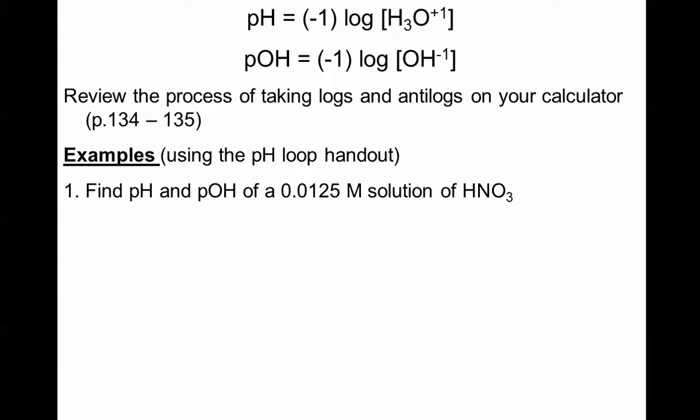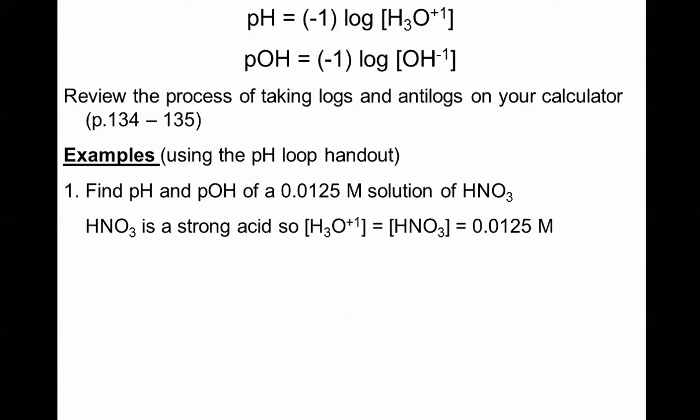So look there at what we have. We know that HNO3 is a strong acid from the strong acid charts. Therefore, we know that the ion concentration of acid is going to be equal to whatever the concentration was of HNO3, because it doesn't maintain equilibrium. It's a strong acid, so if it was 0.0125 molar acid HNO3, we know that that's the concentration of hydronium ions in the solution.